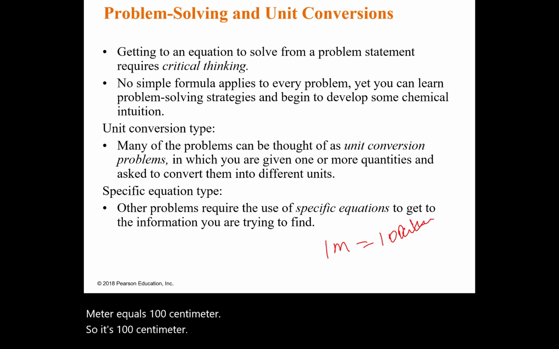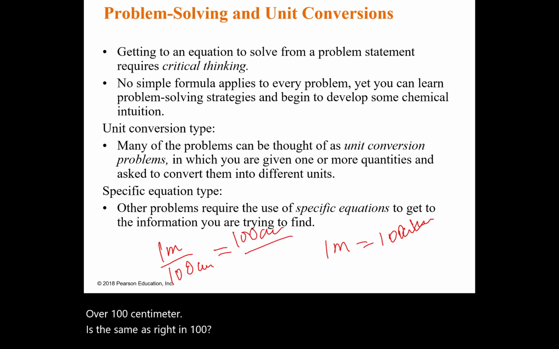They're equal. So if I write 1 meter over 100 centimeter, it is the same as writing 100 centimeter over 1 meter, because both of those are equivalent to 1.